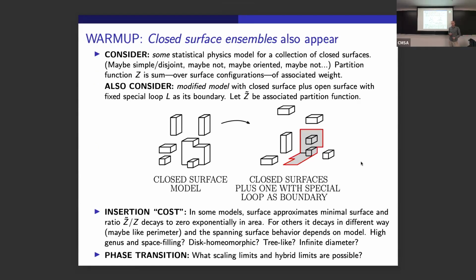So, what we've been doing is analyzing ways that you can actually represent the Yang-Mills Wilson loop expectation. So, the expected product of traces when you multiply all these matrices around a loop in a Yang-Mills model, it turns out to be equivalent to the insertion cost of a loop in a related random surface model.